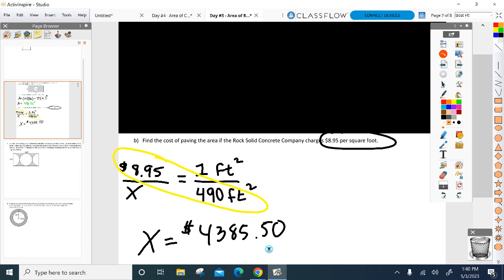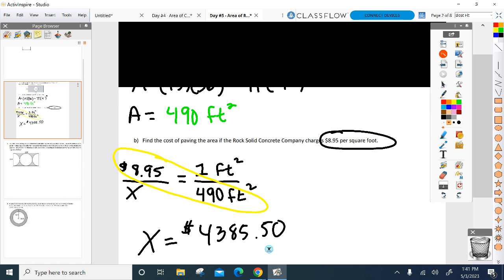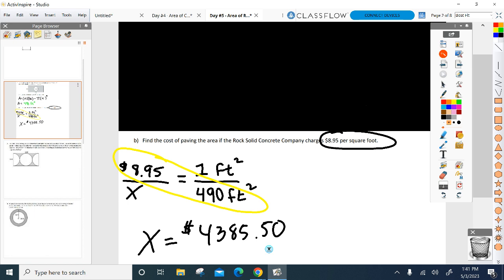There was no part A. It just said, how much money does it cost to pave it? Then I would use the non-rounded answer. But if they ask you in a part A to round it, keep transferring that rounded answer all the way through the problem. Everyone see what I'm talking about? If I just gave you this problem, didn't ask for the area, then you would multiply $8.95 by the non-rounded answer in your calculator. We good?